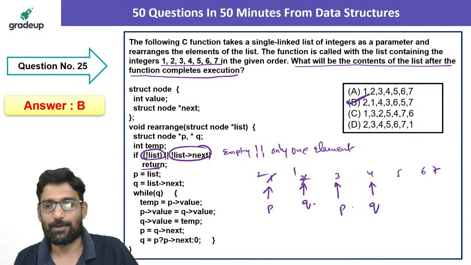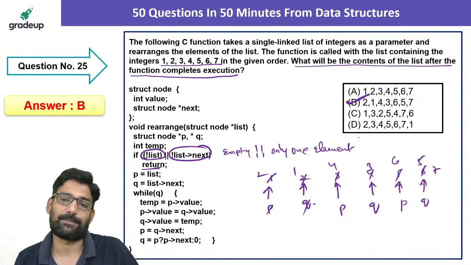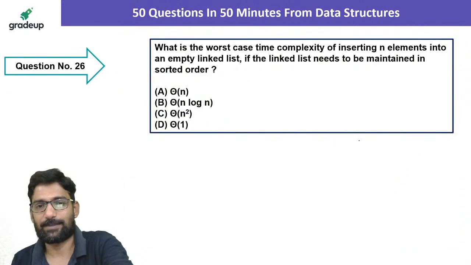So Q comes here. Again swap 4 and 3. Then P and Q come here, swap 6 and 5. That's it. So 2, 1, 4, 3, 6, 5, 7. Okay. Next question.